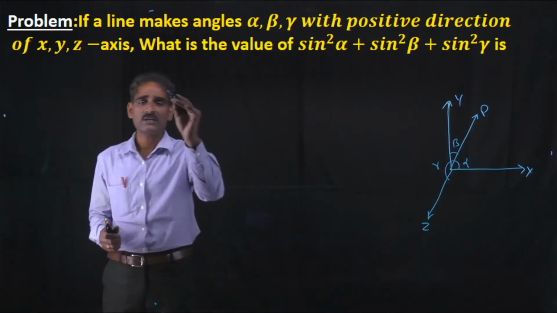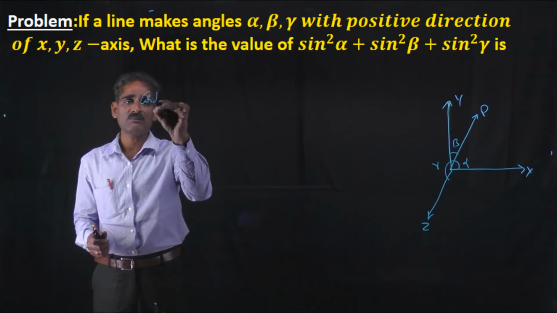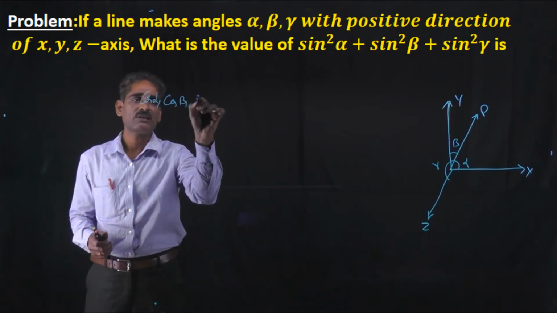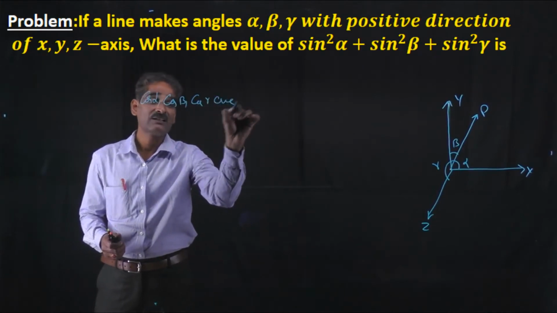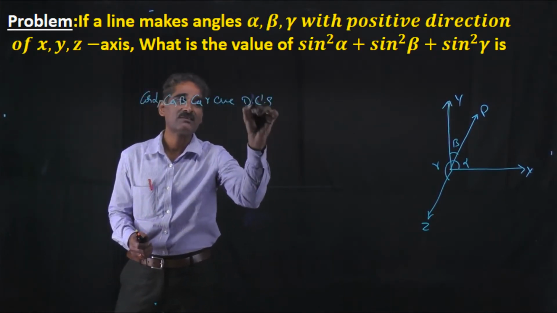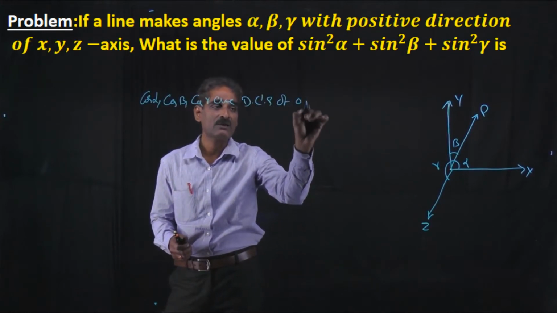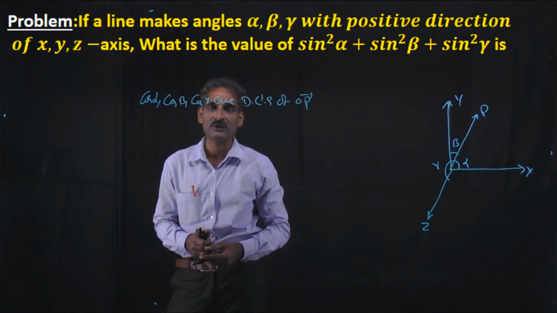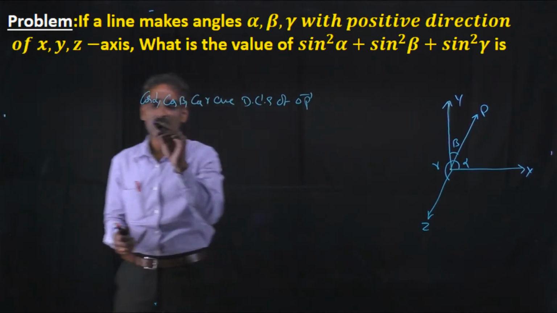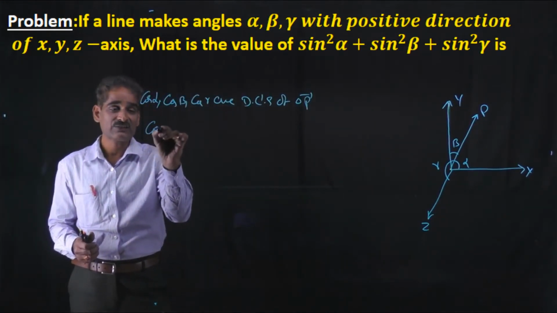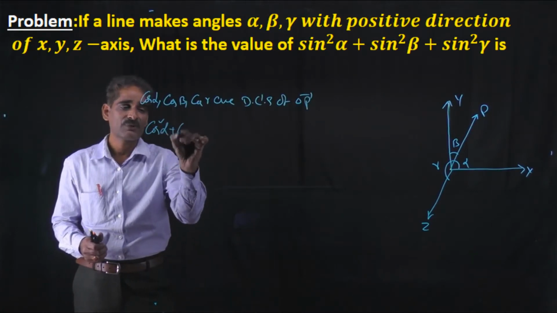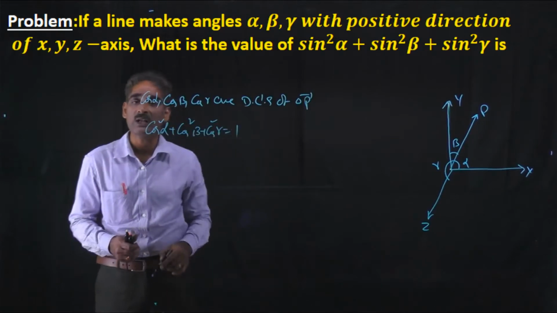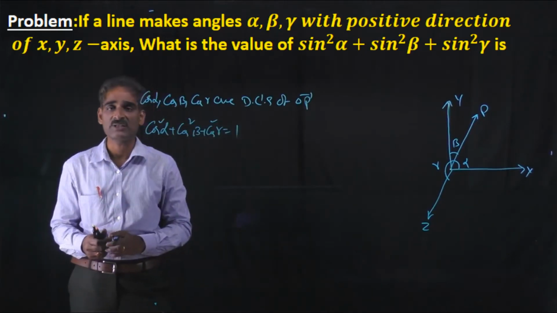Then cos alpha, cos beta, cos gamma are the DCs of this ray OP. And also we know that cos square alpha plus cos square beta plus cos square gamma is equal to 1. Already we proved this result yesterday.